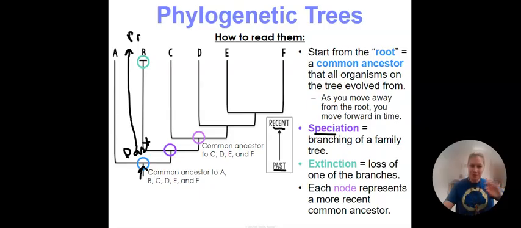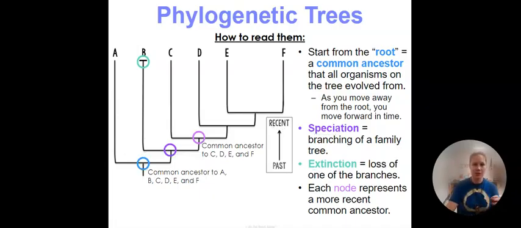Every time you see a branch point, that is where you have a speciation event. Phylogenetic trees can show the extinction of organisms, like what we see here for species B, because it has this little line. Sometimes you also see where the line doesn't make it all the way to the top. Each node, here's a node, here's a node, represents a more recent common ancestor.